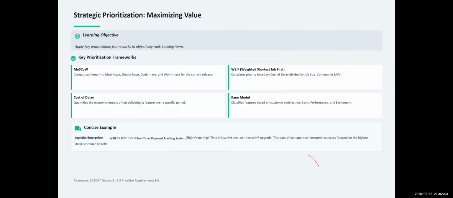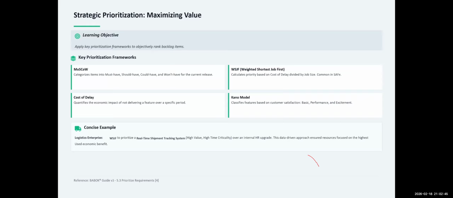So what weighted shortest job first is saying is that if with this item and this item we're going to lose the same money, and the size of the job is small, then we should take the one that is small out of our backlog. We should get it done since it's small. That means we'll be able to deliver it in a short time, right? So when you weight the size of the job, the one with the shortest job is the one that needs to go out first.